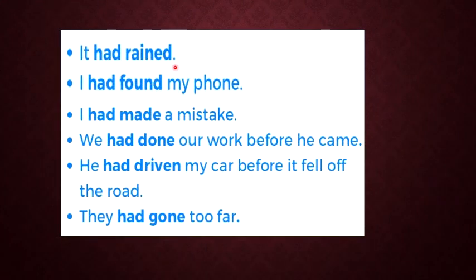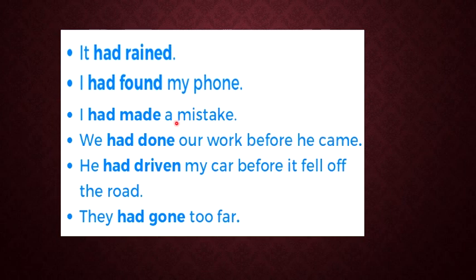Okay. Now next, it had rained. I had found my phone. Please take care of the third form of the verb. Okay. I had made a mistake. We had done our work before he came.